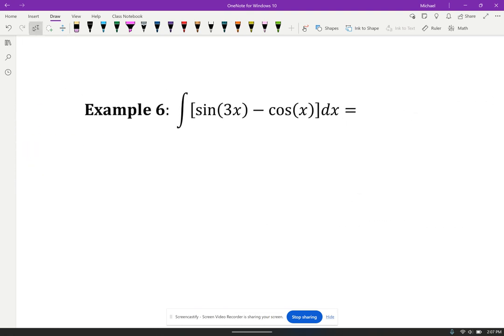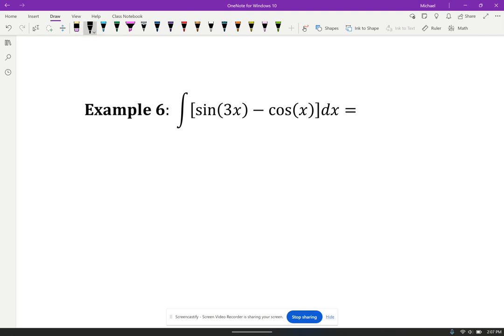The antiderivative of sine 3x minus cosine of x dx. Do you think there's a need to establish a u expression? And the answer is yes, but only in the first part.